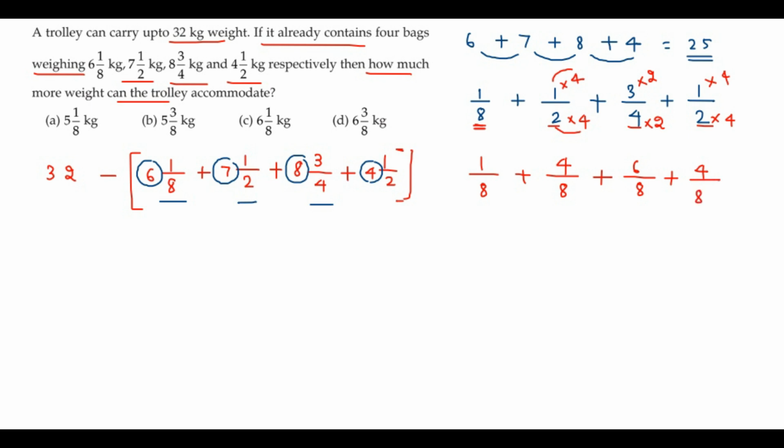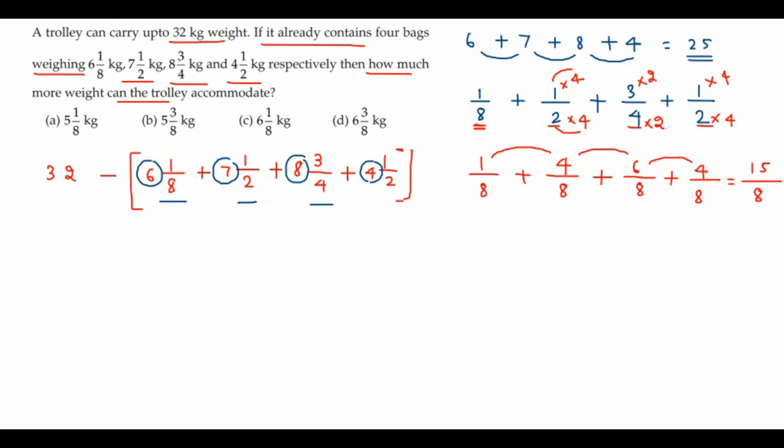Now all the denominators are same, so let us add the numerators. Common denominator for them will be 8. Adding the numerators, 1 plus 4 is 5, 5 plus 6 is 11, 11 plus 4 is 15. So on adding them, I get 15 upon 8.